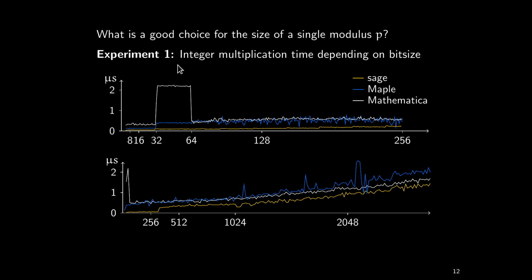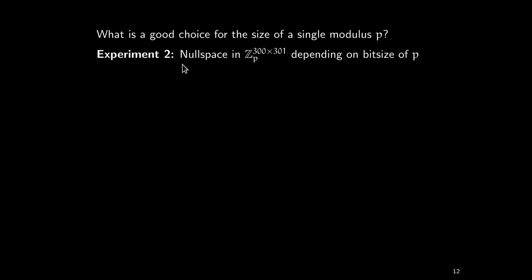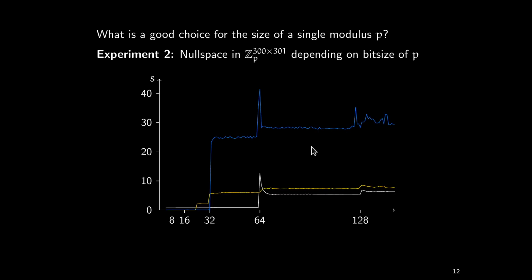So let's do the same experiment, take some timings, but with respect to a more complicated operation, and let's take again a null space computation. So here's the timing that I measured for computing the null space of a 300 times 301 matrix, for various choices of p.